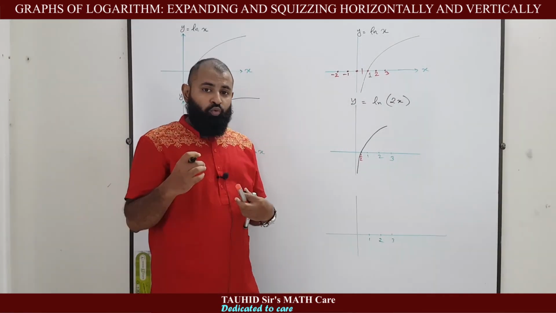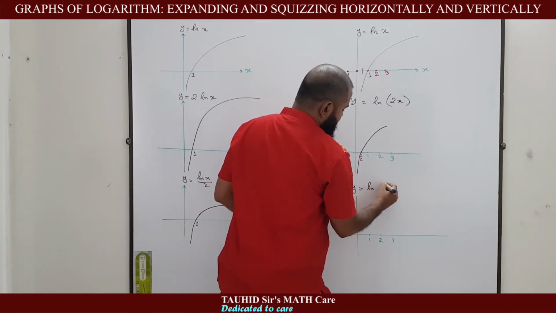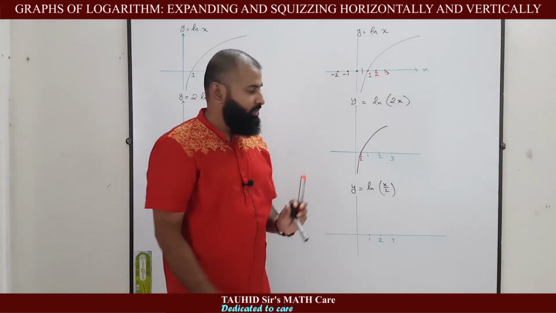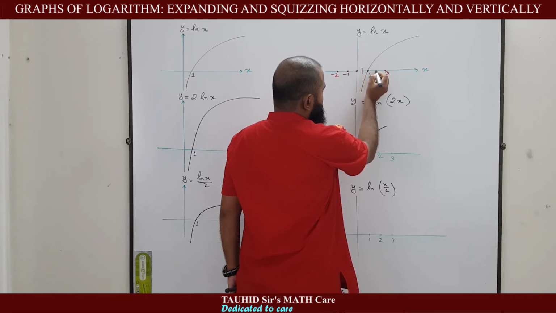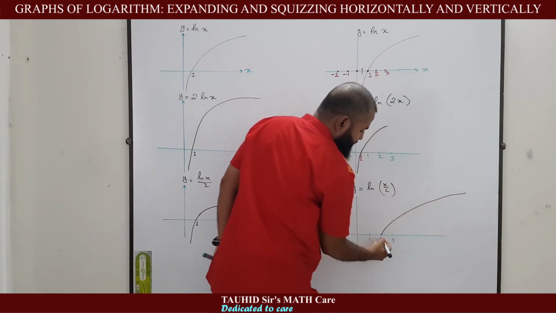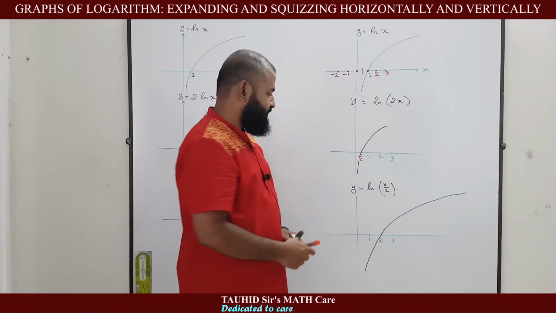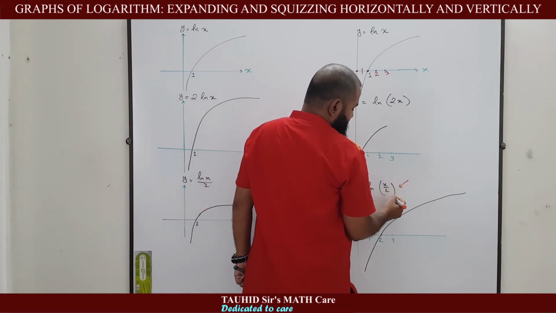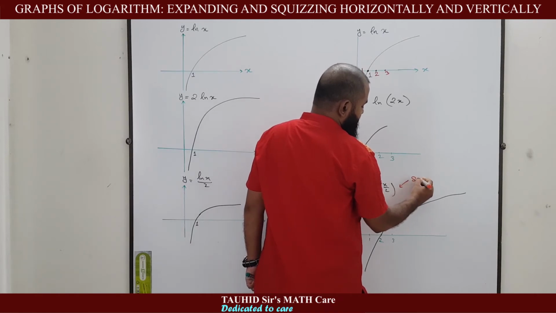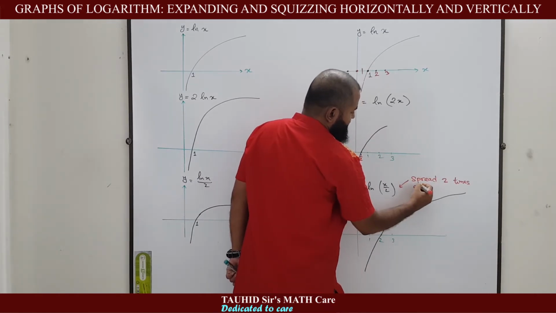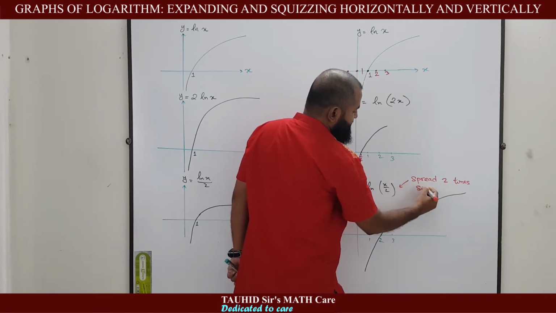And what happens when the scenario is exactly opposite? When we write y equal to ln of x by 2, this time the graph will expand. This point 1 will be multiplied by 2 and will come here. So the graph will look like this when we write x by 2. When x is divided by some integer, the graph will spread 2 times along the x-axis, or simply we call it spread 2 times sidewise.